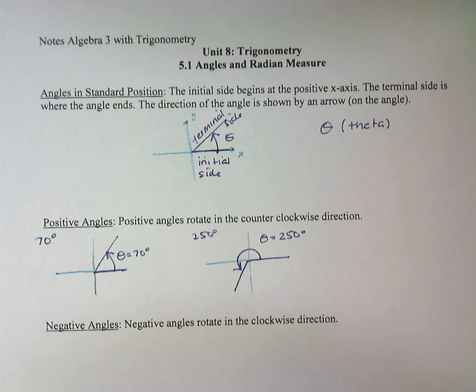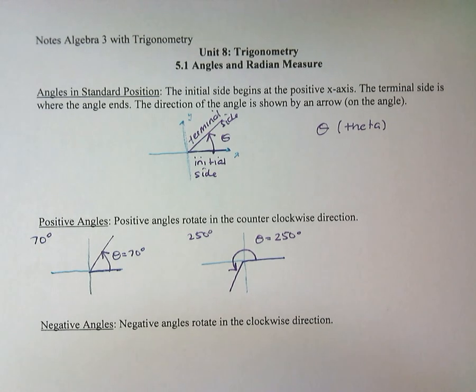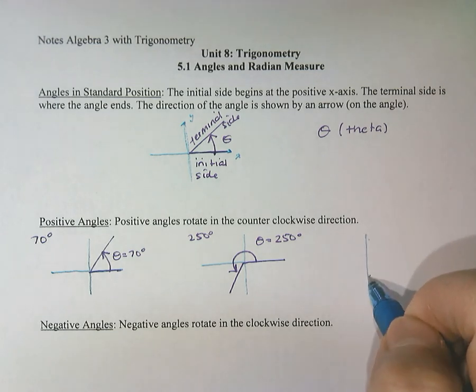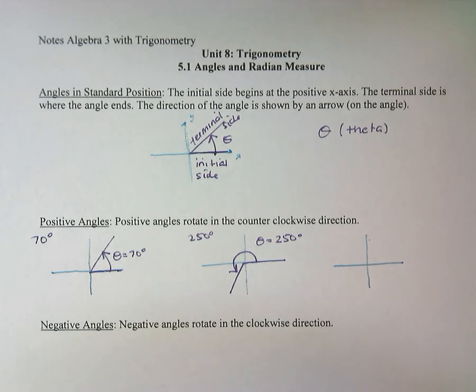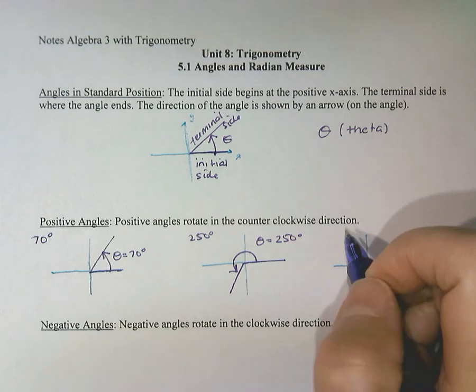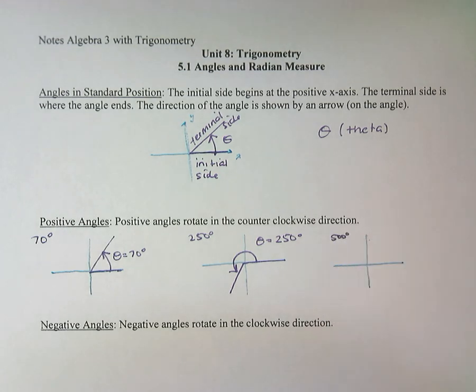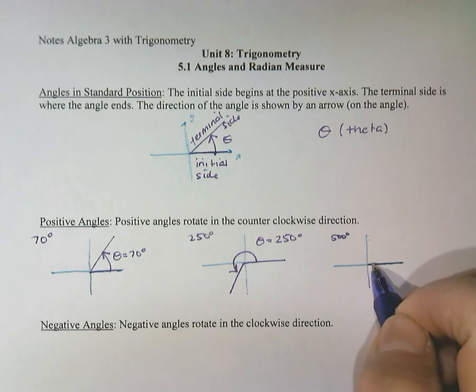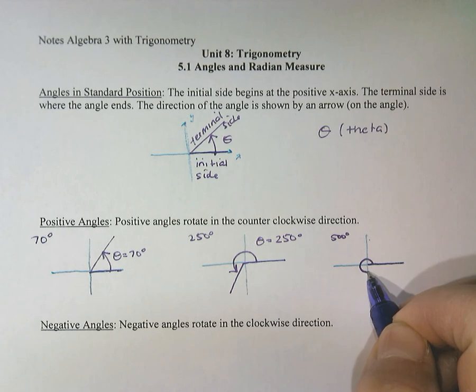I can have angles that are larger than 360. So if I draw my XY axis, let's do 500 degrees. If I start here, all the way around a circle is going to be 360 degrees.